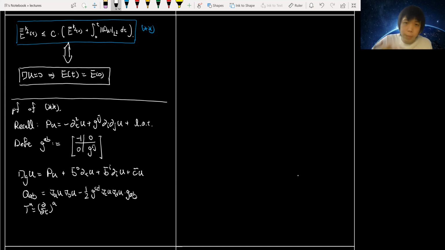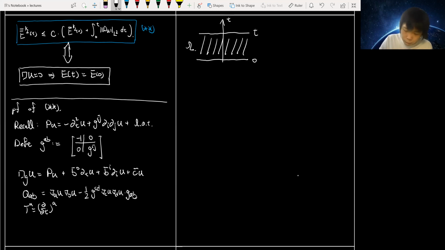So let's apply the divergence theorem in the following region, between the T slice and the initial slice. Okay. And let's first compute the bulk.